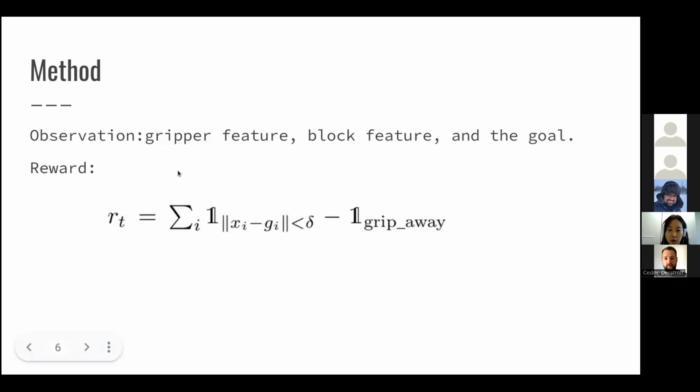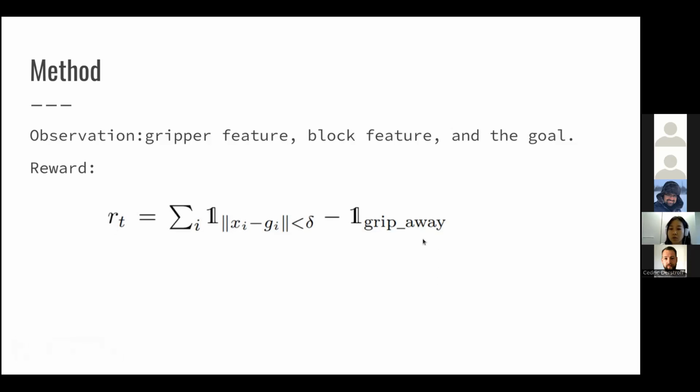This is the location of the block, and this is the goal position. So if one of the blocks is close to the goal position or in the goal position, it can get one reward.